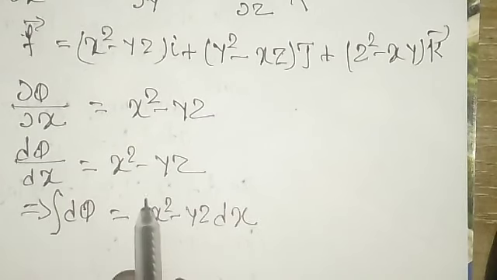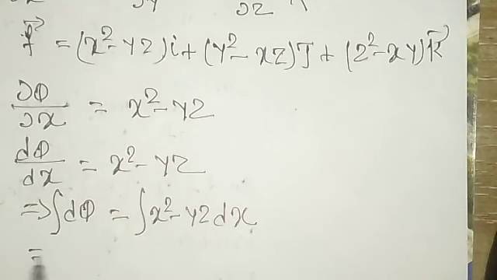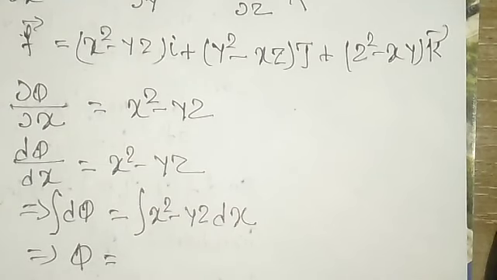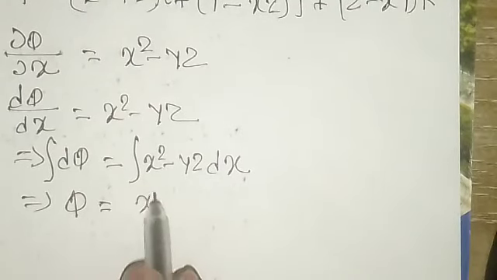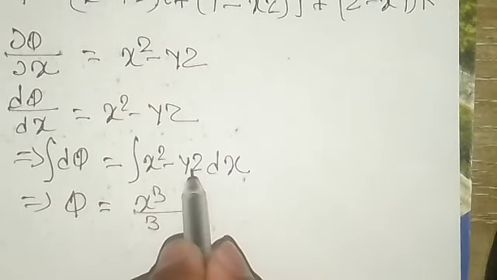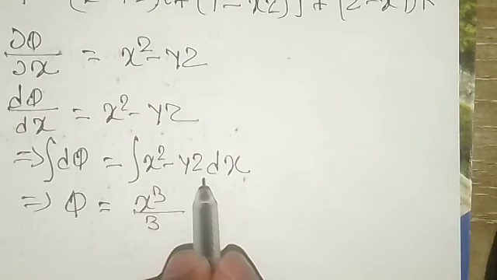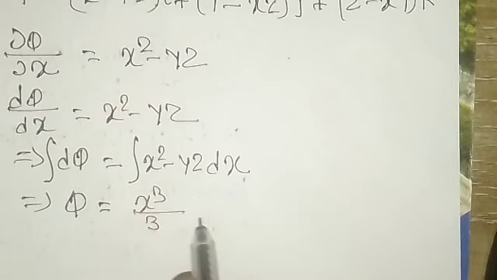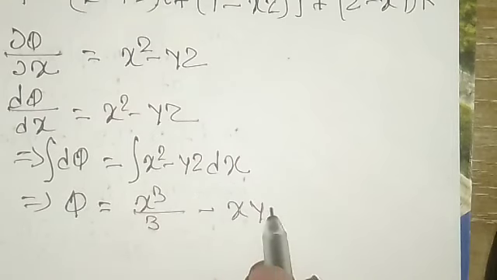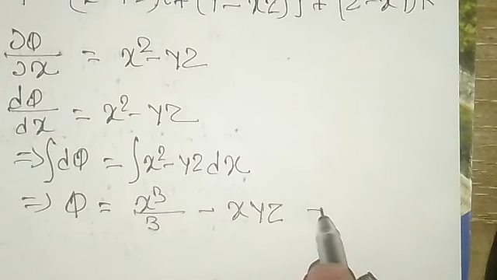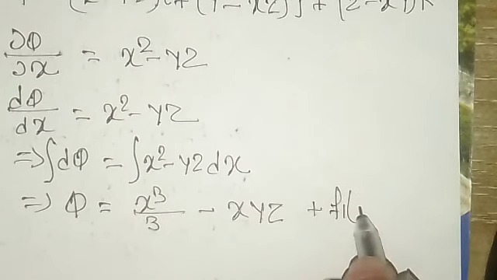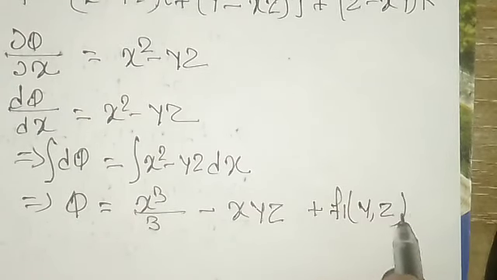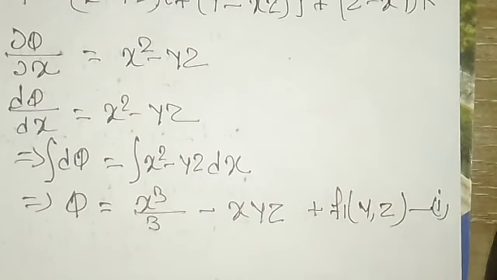So integrating this term, differentiation will be eliminated. So this is φ, integration of x² is x³/3, right? Integration of yz dx is, so minus xyz, right? And there is obviously plus f1, a function of y and z. Let's say this is equation 1.